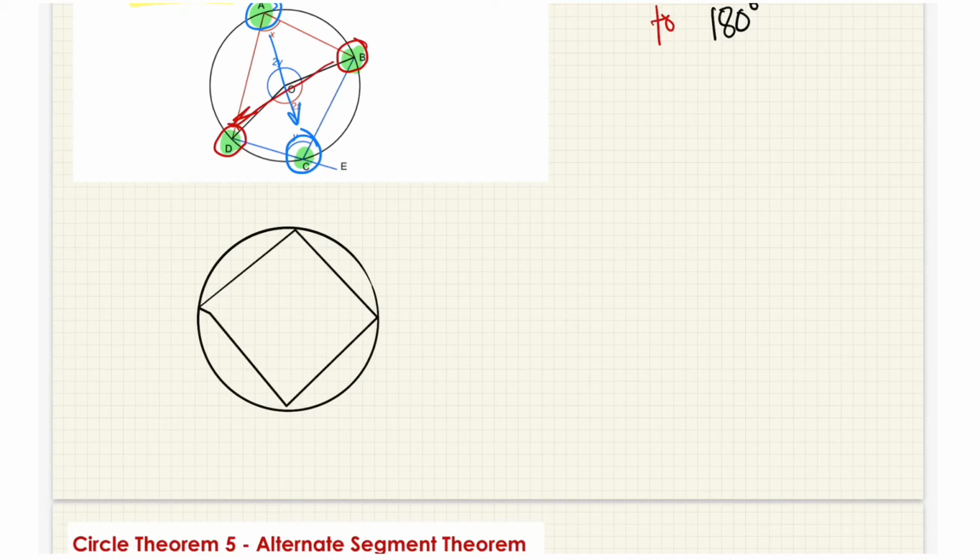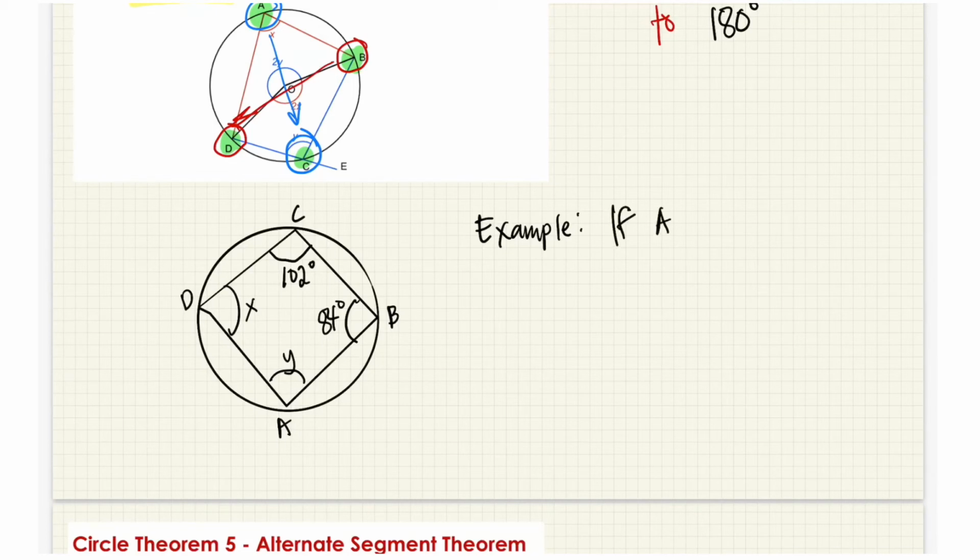If I have here A, B, C, and D, and a measurement of 102 degrees, this here is 84 degrees, this is X, this is Y. Example: if ABC is equal to 84 degrees, find CDA.